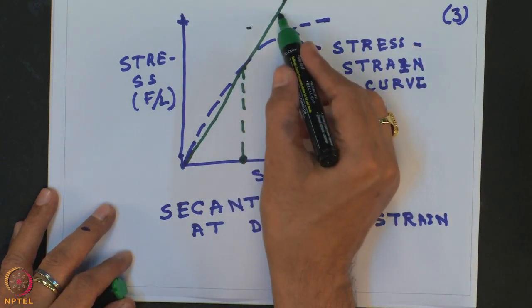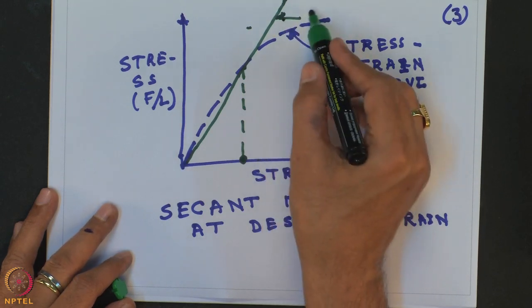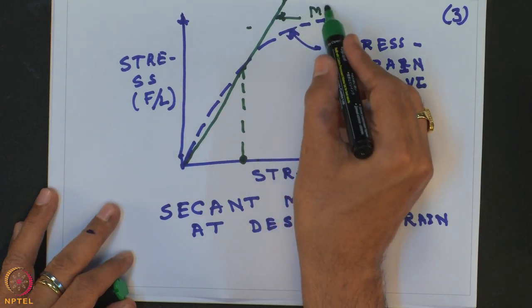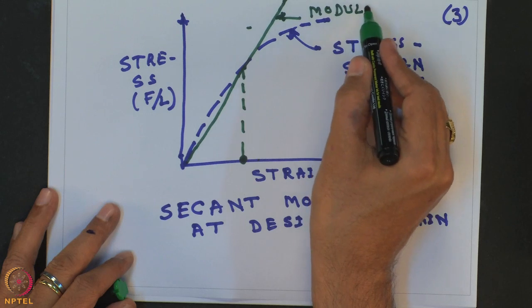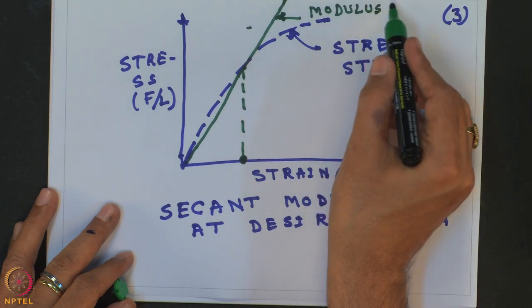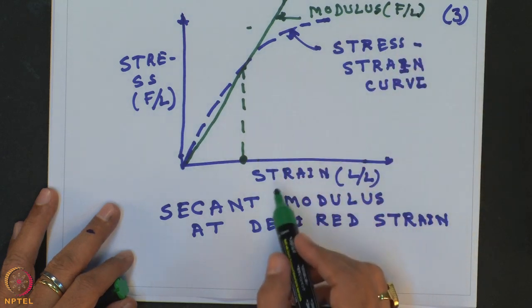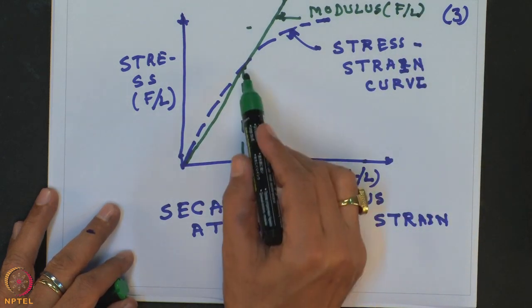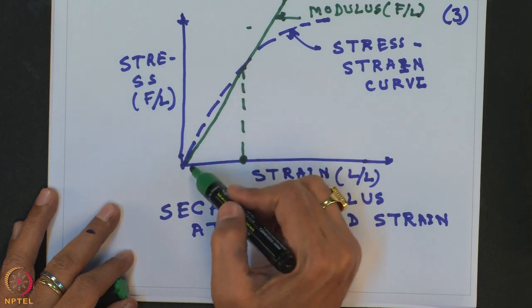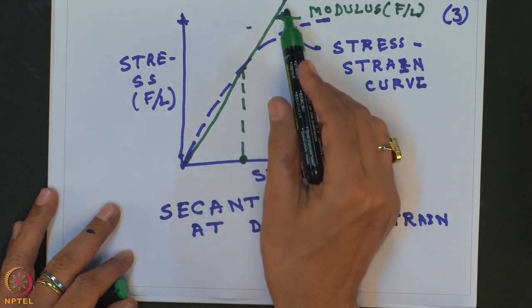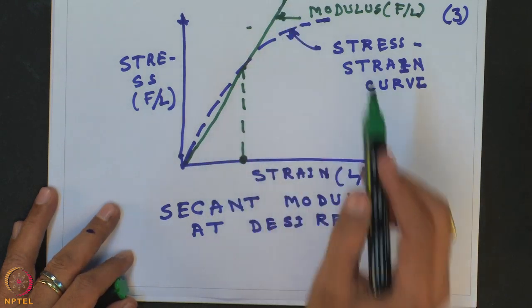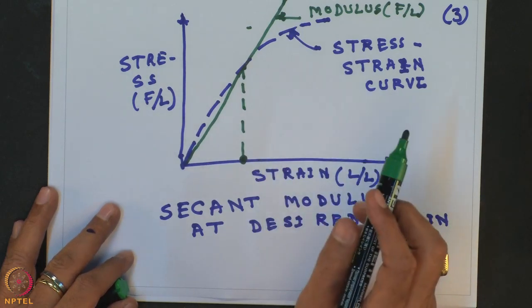Which will give you the modulus, that is F by L. For any desired strain, this slope will give you the second modulus.